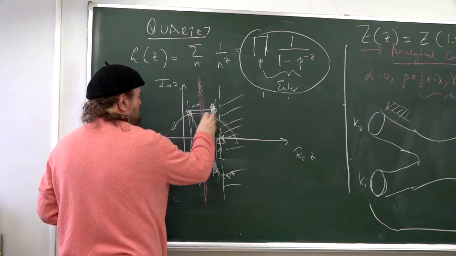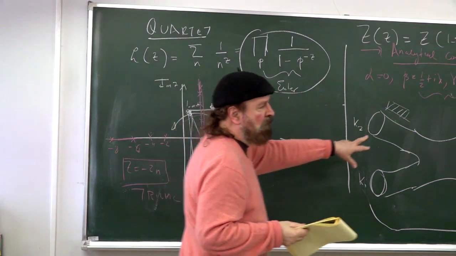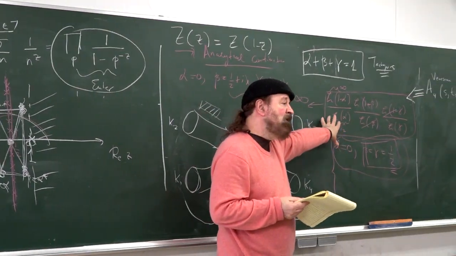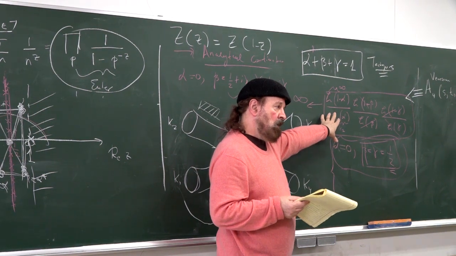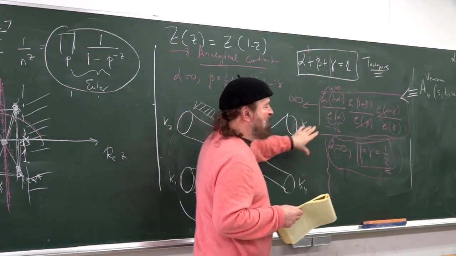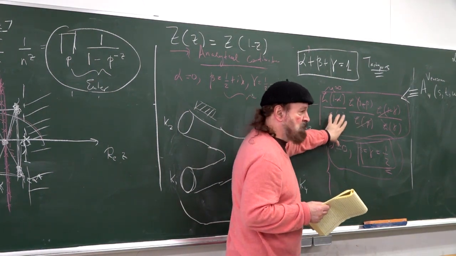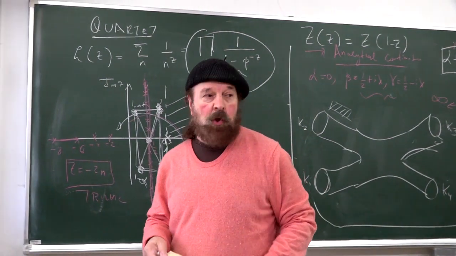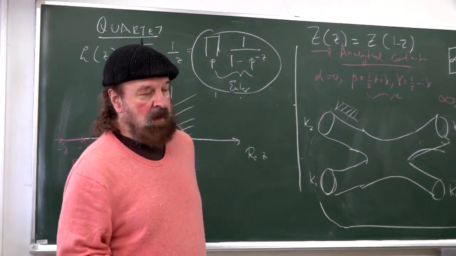You try to play with these numbers, plug them into this formula, and there's no way you can get an infinity. You may have zeros of the zeta function, but with this combination of values you will never get a pole.